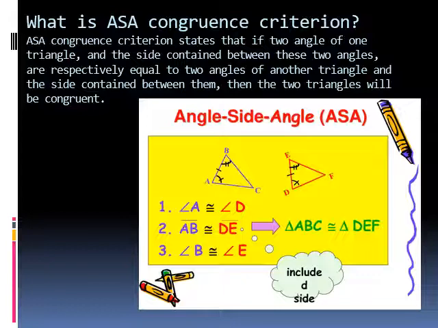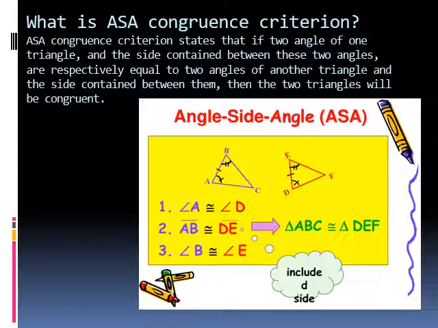So the criteria is very simple to understand: if we have two angles and a side included between them of one triangle equal to those of the other triangle, then we can say that the two triangles are congruent to each other.